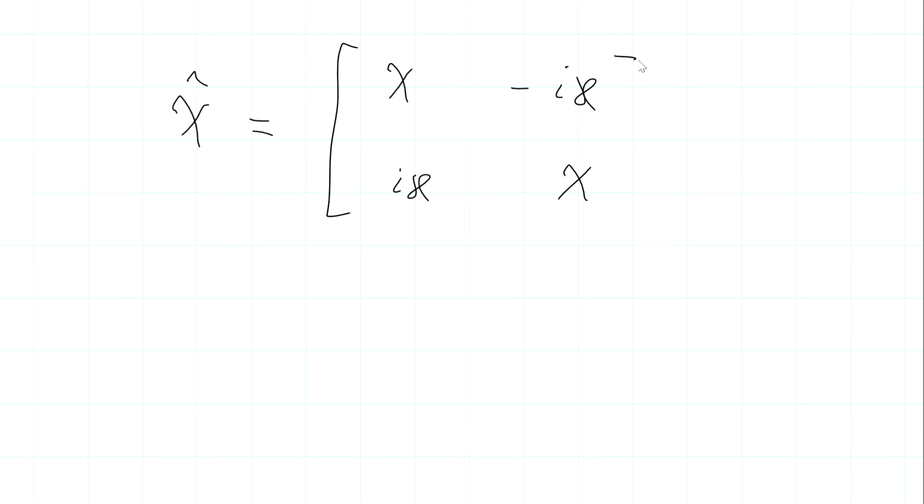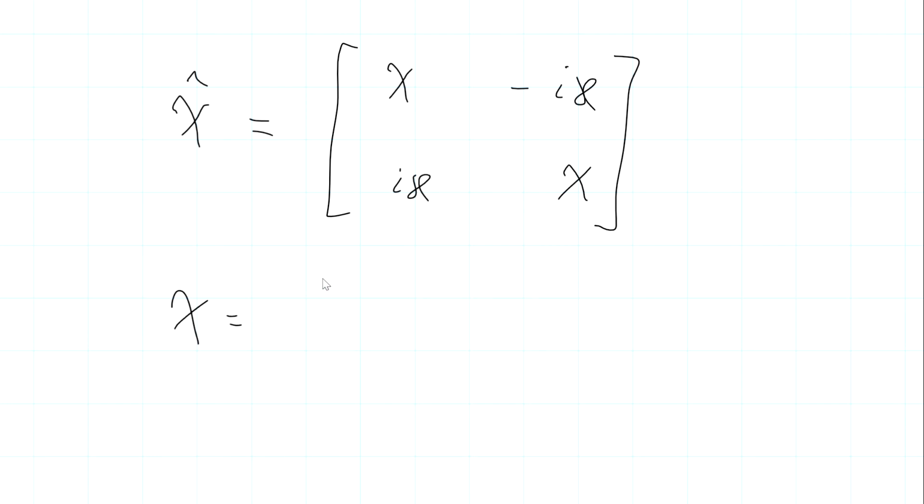So the tensor susceptibility has the following form. It has chi, minus i kappa, and chi. That is our tensor susceptibility where we introduce these values.